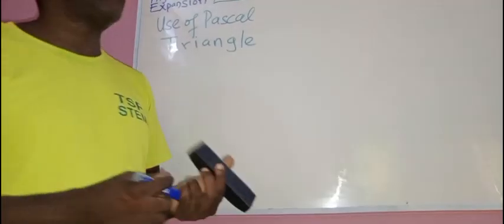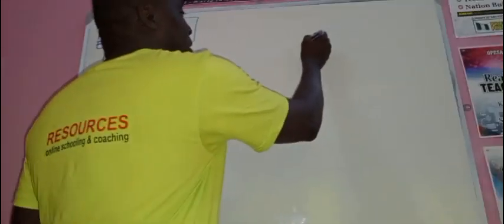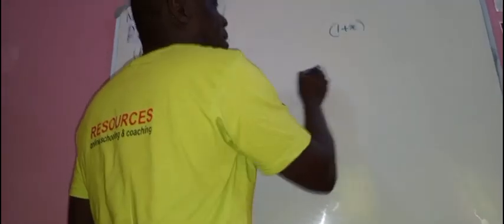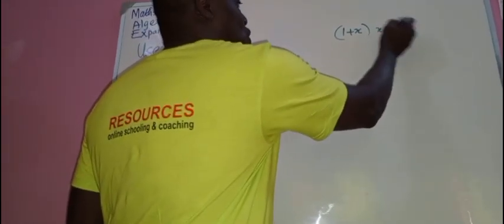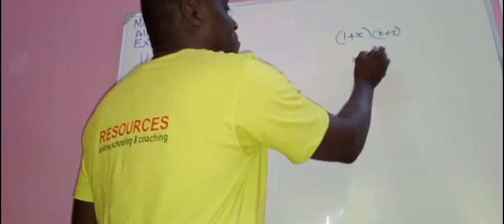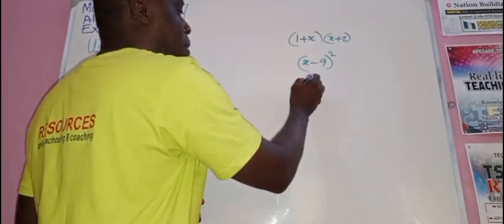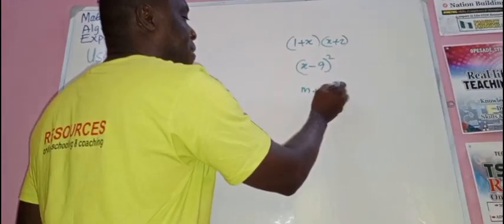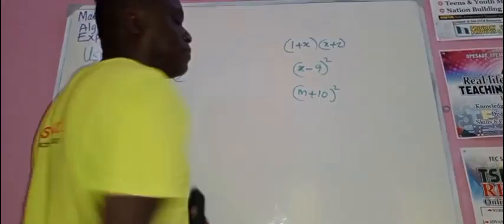Part 2 is a bit advanced, because if you look at part 1, we were either multiplying something like 1 plus x multiplied by x plus 2, or something like x minus 9 squared, or n plus 10 squared.